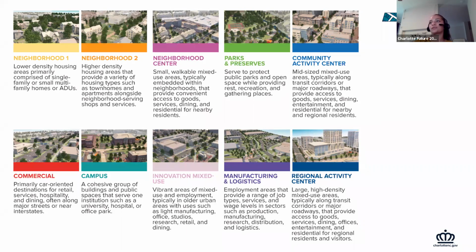The innovation mixed use is usually a vibrant area that includes light manufacturing, office, studios, retail, and dining. For manufacturing and logistics, I think of the Amazons in this category, where it's a wider range of job types and wages, including manufacturing, distribution, and logistics. And then the last category is the regional activity centers. These are the larger high density mixed use areas, typically intended to generate folks coming in from the region.